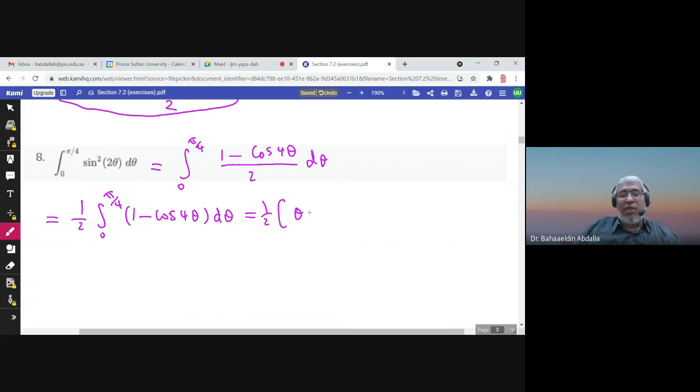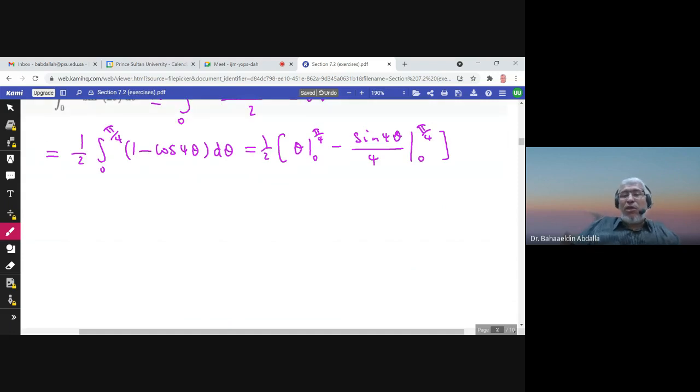Integral of 1 is theta from 0 to pi over 4, minus integral of cosine, which is sine, and I divide by the derivative of 4 theta, which is 4, from 0 to pi over 4. So there is a half, and pi over 4 minus 0 is just pi over 4, minus sine of 4 times pi over 4. 4 times pi over 4 is pi.